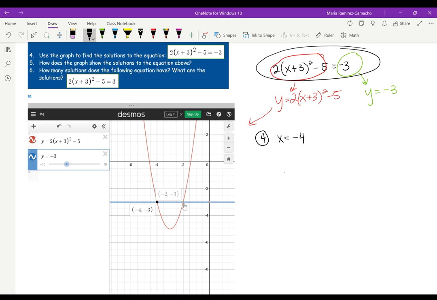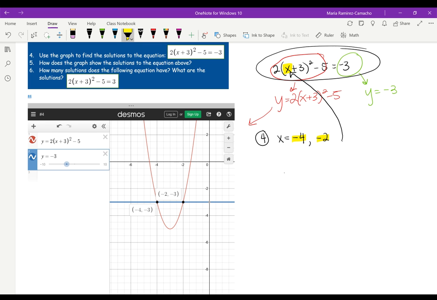The other point of intersection is here at (negative 2, negative 3), so I know that x is also equal to negative 2. Again, the x-coordinate of those points of intersection. And if you were to take these two solutions and plug them back in for x in your original equation, you're going to see that these two values make the equation true, which is exactly what we want.